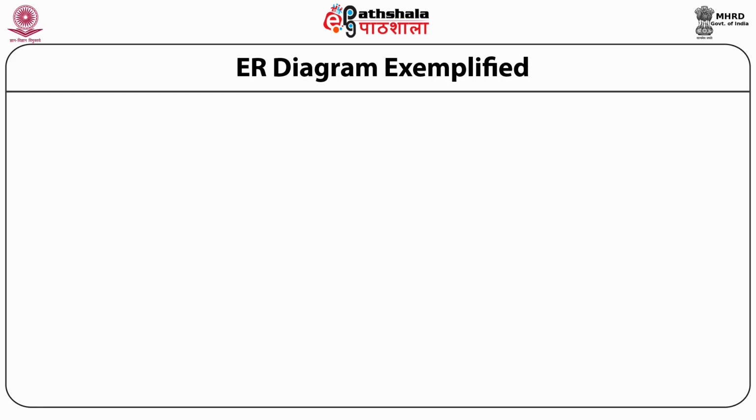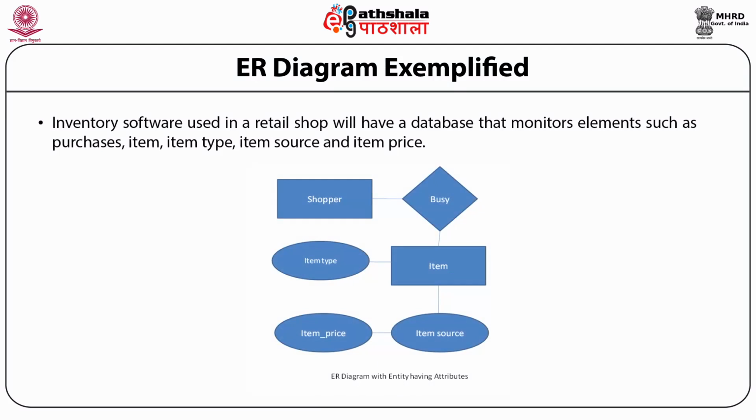Let's try and understand this concept by another example. The inventory software used in a retail shop will have a database that monitors elements such as purchases, item, item type, item source, and item price. Rendering this information through an ER diagram would be something like this.